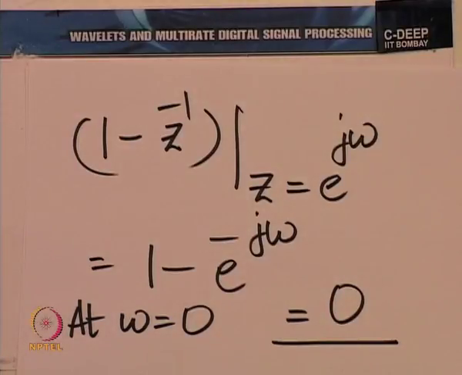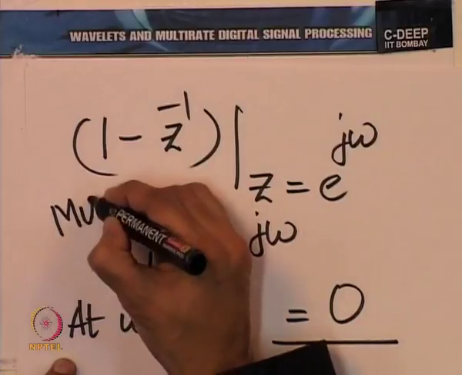So, in other words, this is 0 DC, so to speak, 0 at 0 frequency, 0 response at 0 frequency. This cannot possibly be low pass in its behavior. So, it must be high pass.